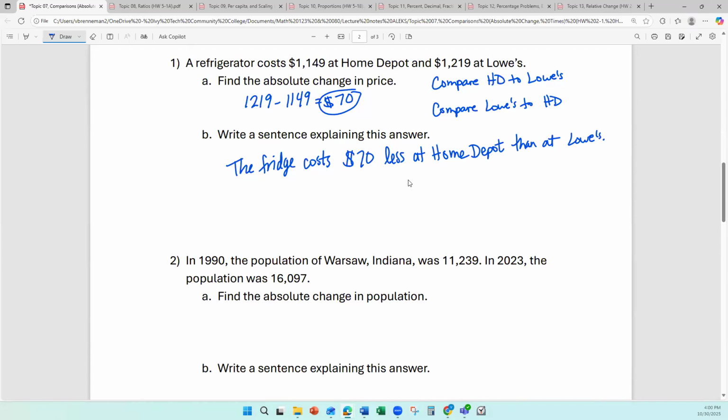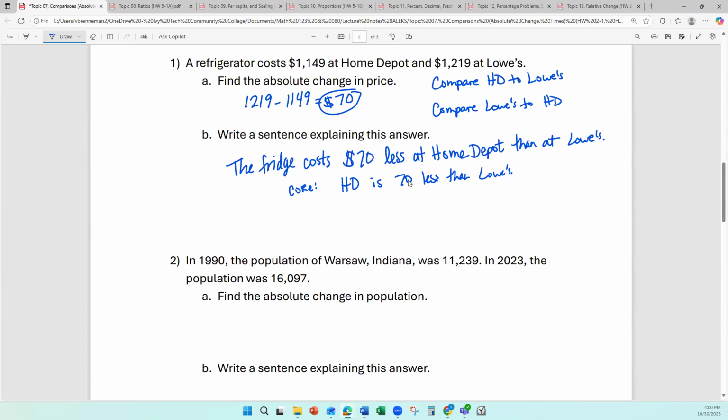So to say Home Depot is less than Lowe's, the core of that sentence is Home Depot is 70 less than Lowe's. So when it asks compare Home Depot to Lowe's, that's the order that you would say it in.